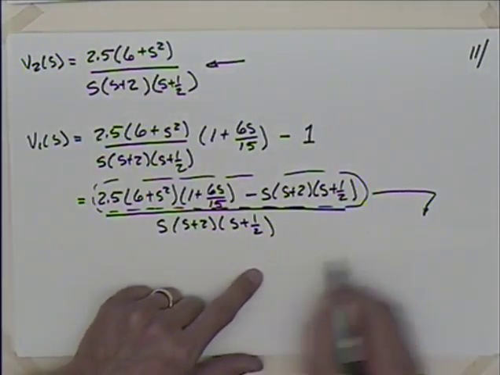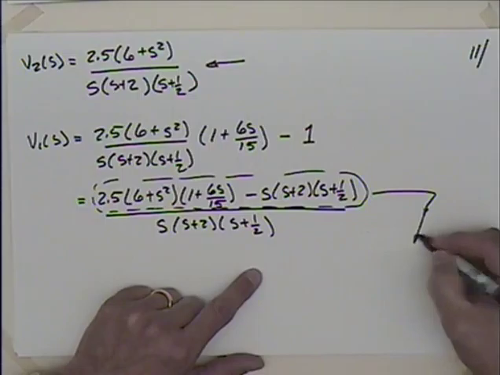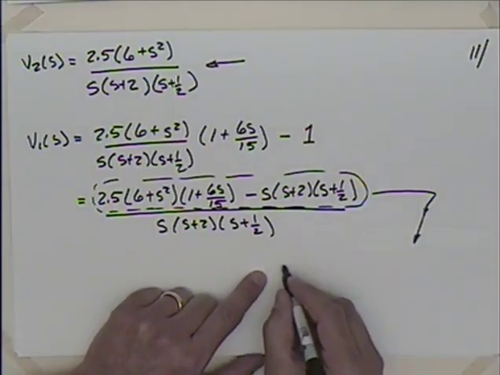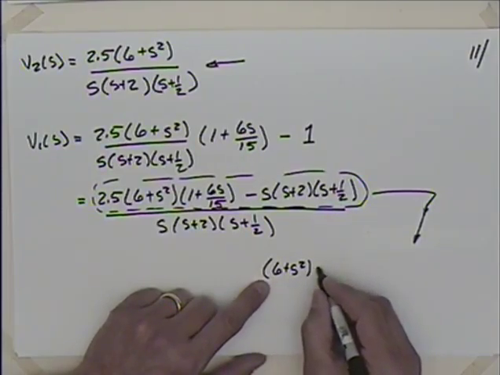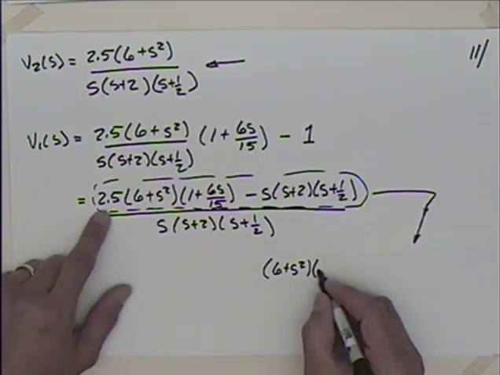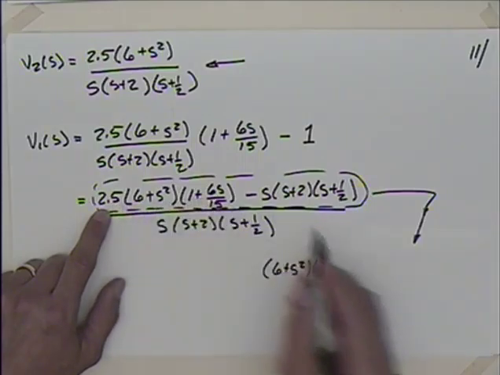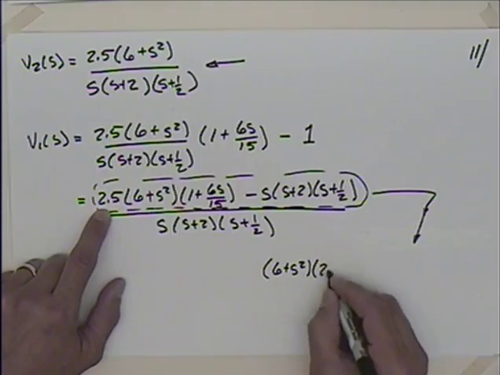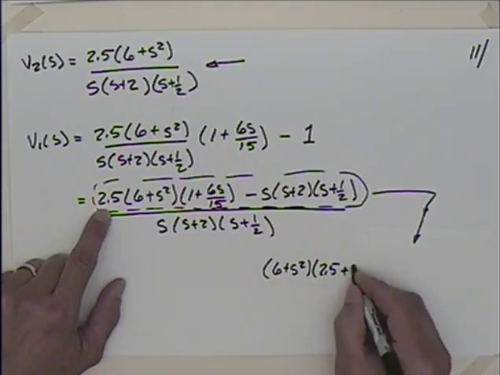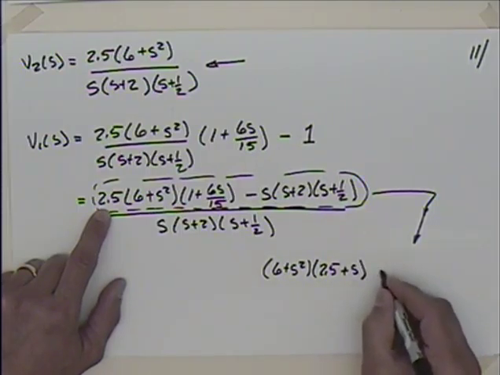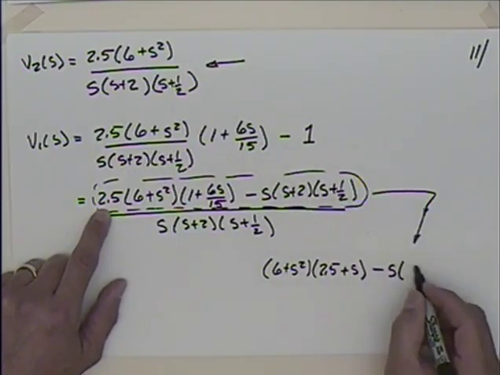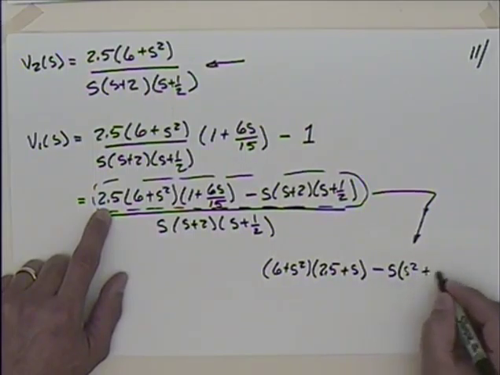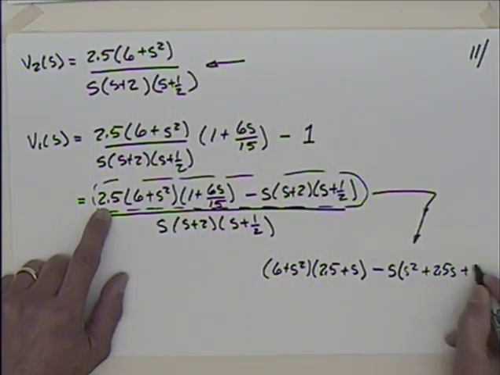Okay, so I'm going to have 6 plus S squared times 2.5 plus S. Yeah, when you multiply 2.5 times that, and that tidies up. 2.5 plus S and minus S times, when you multiply those together, that's what we factored initially, S squared plus 2.5S plus 1.